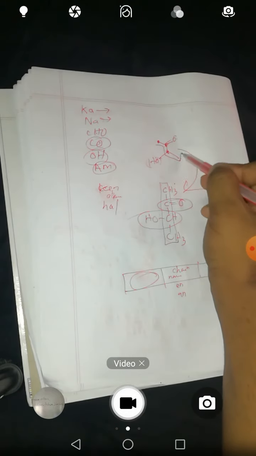We first have to pick up the longest chain, which is this one. Then we put numbers on the carbons in the longest chain so that the most priority group gets the least number. So it's 1, 2, 3, 4.